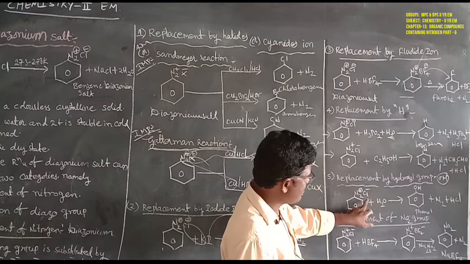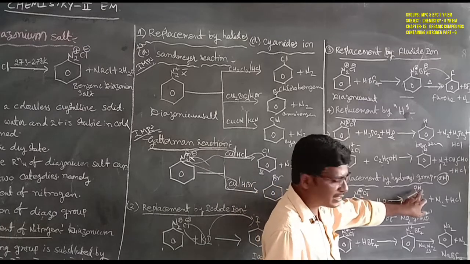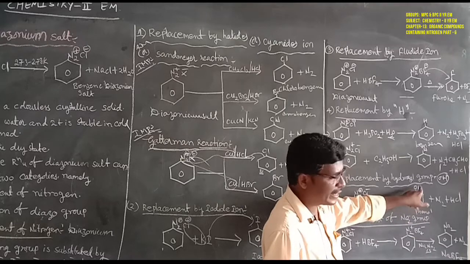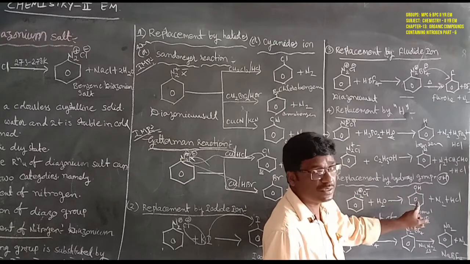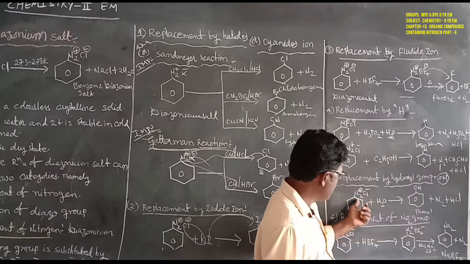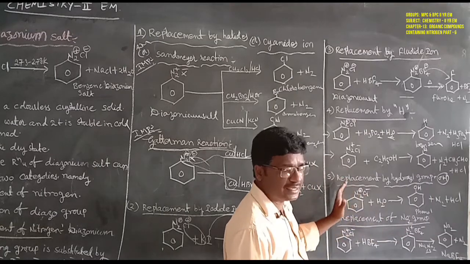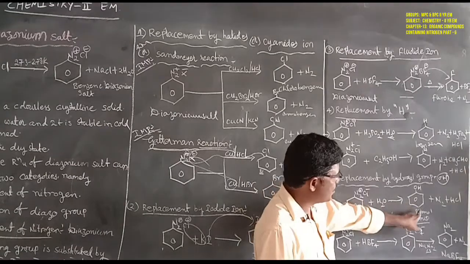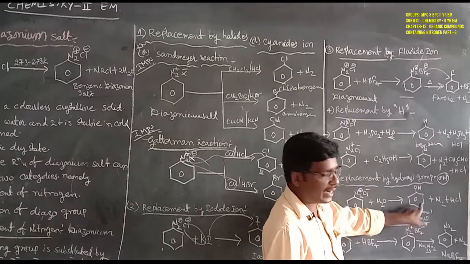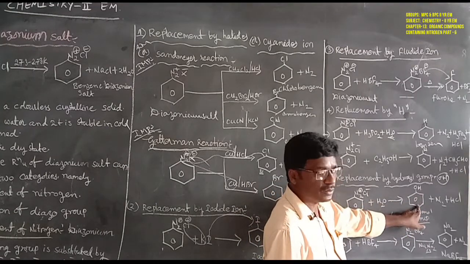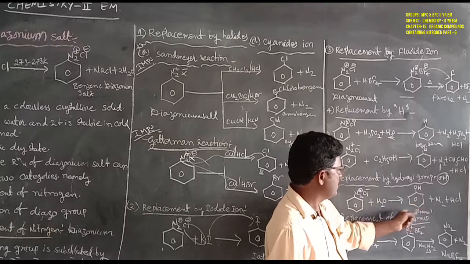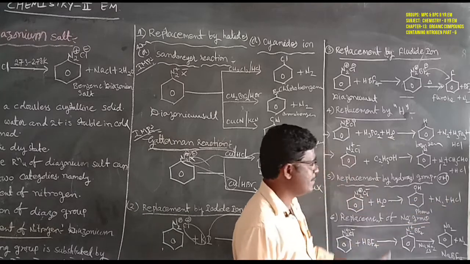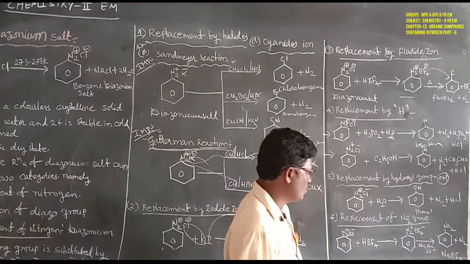Then replacement of OH group, that is also called as a hydroxyl group. A benzene bonding with the OH or hydroxyl, that is also called as a phenol. Then benzene diazonium chloride treated with the water molecule, then form of phenol or hydroxybenzene. Displacement of nitrogen atom and HCl, that is the replacement by the hydroxyl group.